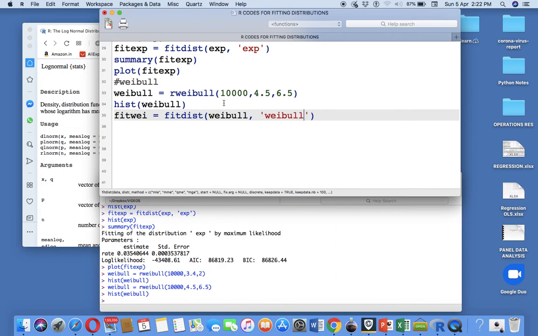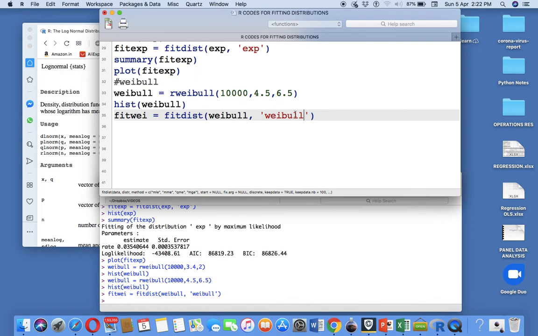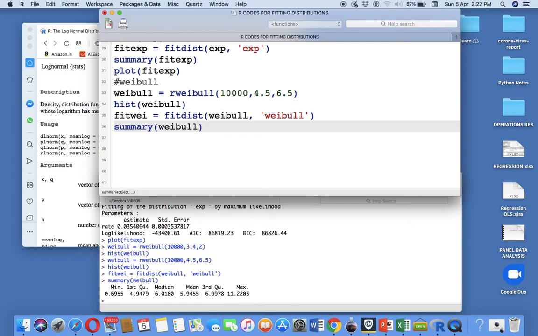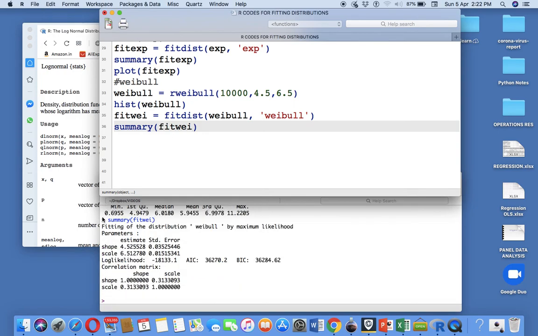So it assumes a Weibull distribution and fits the parameters depending on the Weibull distribution. So I get a summary. Yeah. So there you are. Summary of this. Made a mistake, so not of the data, but of the estimates. So you get the summary.